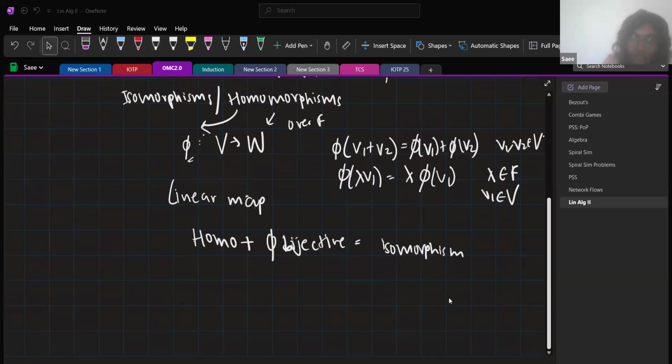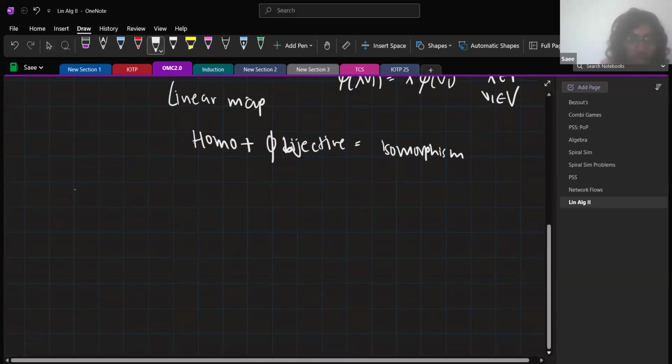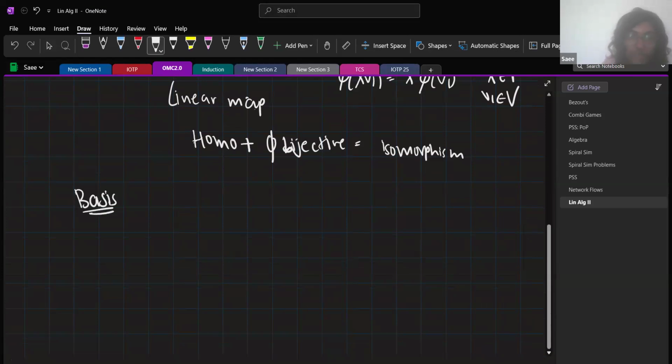Another thing to recall is we looked at the basis of a vector space and proved some nice things about it. So what is a basis?